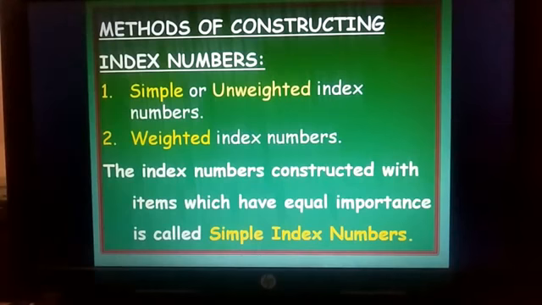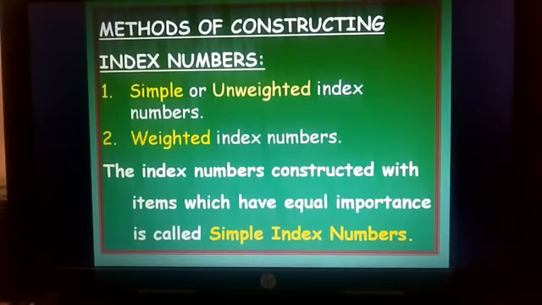Am I correct? So in that case, if index numbers are being constructed with items, whichever items are being considered in the construction of the index number, if they have equal importance, it will be called simple index numbers. Index numbers definition you have already come across: the relative change in an item or group of items or group of related variables.